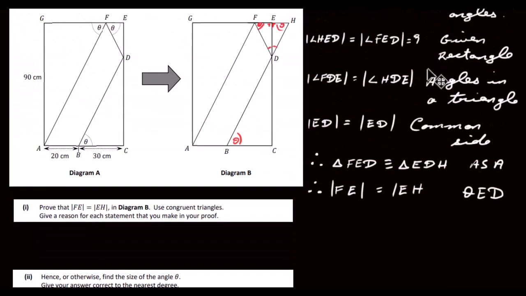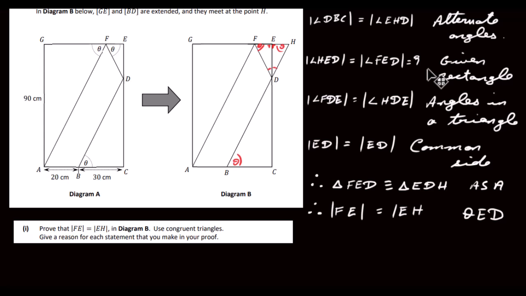Hence or otherwise, find the size of the angle theta. Give your answer correct to the nearest degree. Okay, so let's have a look at our diagram again. Now we know that this angle here, by the way, is theta as well. So I can write in a theta here. Now if this is theta and this is theta, and this is a transversal, these two here are corresponding, therefore these two lines here are parallel.